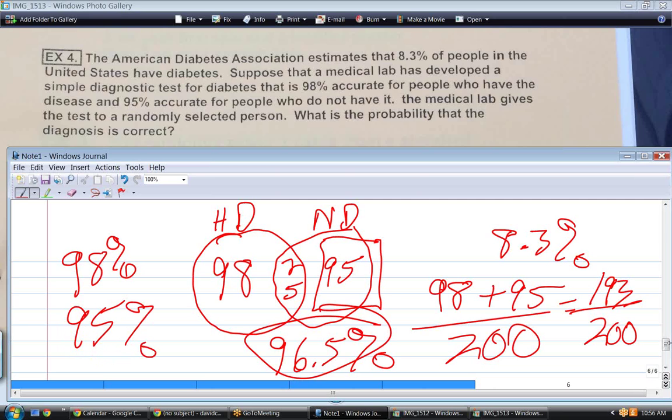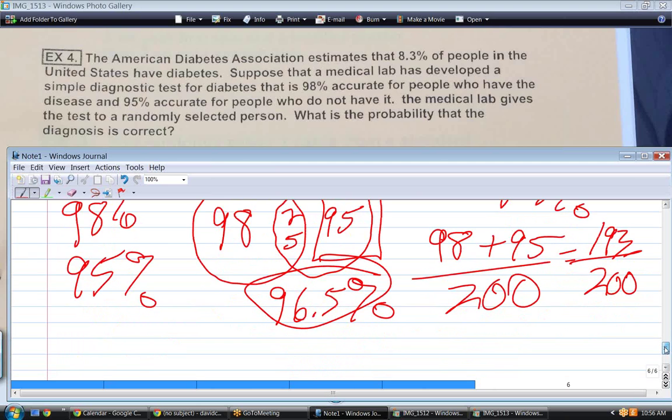Okay. So, I'm going to take a wild guess, but I think this is right. I'm going to multiply the 98% times the people who have diabetes, which is 0.083. Okay.